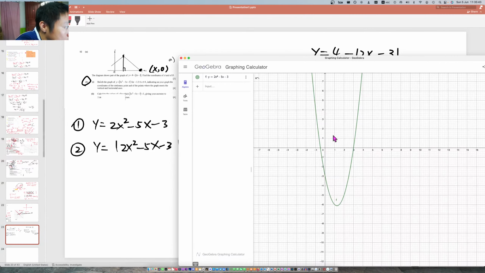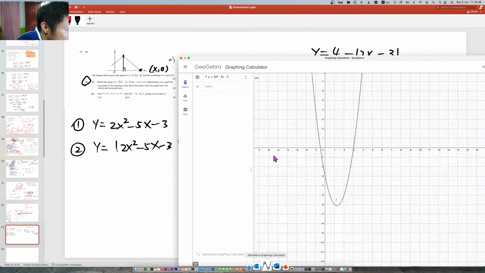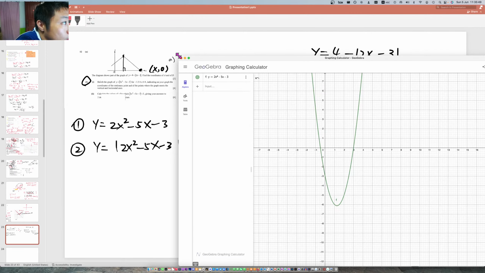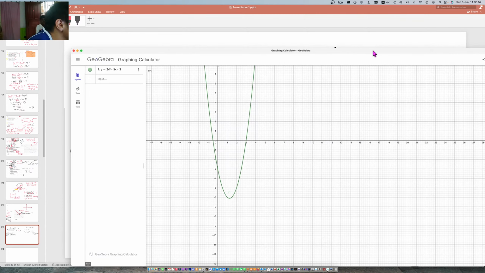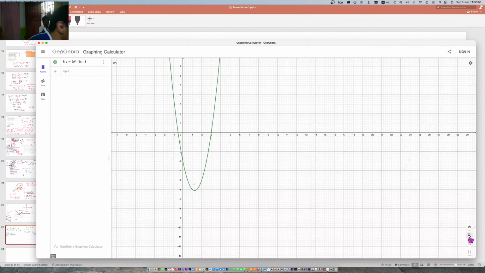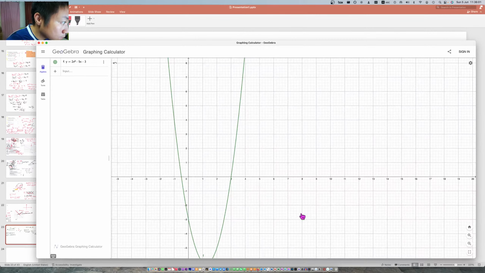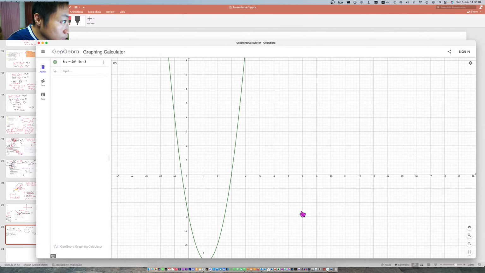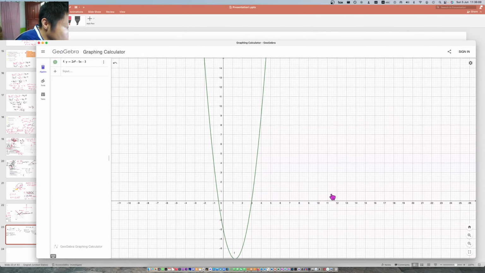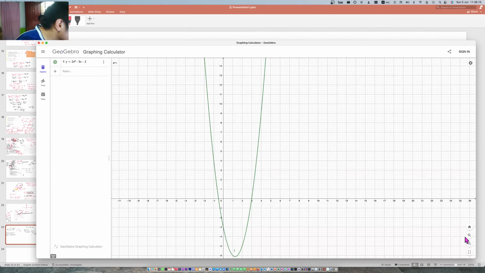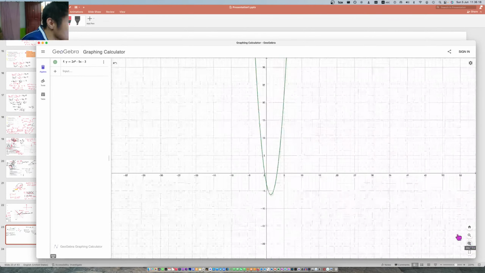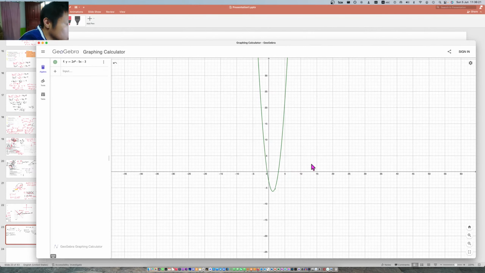Looks like I just want to be more accurate, so let me zoom in to see the negative 1.5. I think it's further up. Let me estimate later, never mind. The approach is more important than the answer.